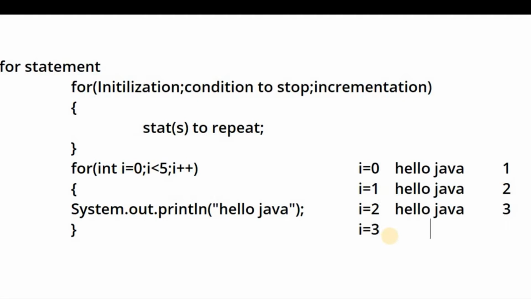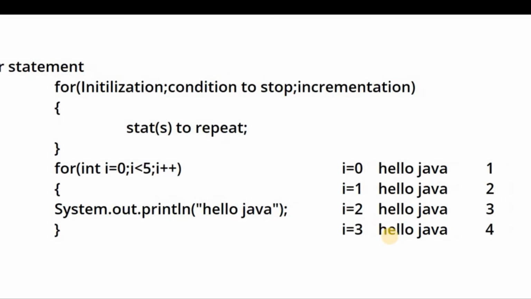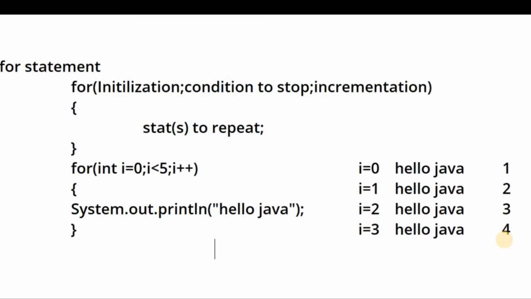Now again it prints hello Java. Again incremented as 4, i is equal to 4 and again it prints hello Java. Now i is 5. When it checks the condition 5 less than 5, no, it directly comes out and takes the next statement.